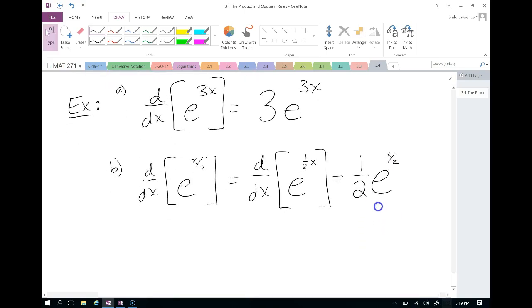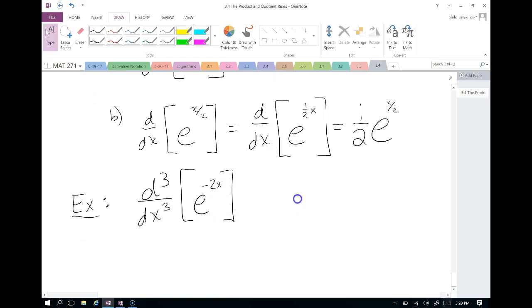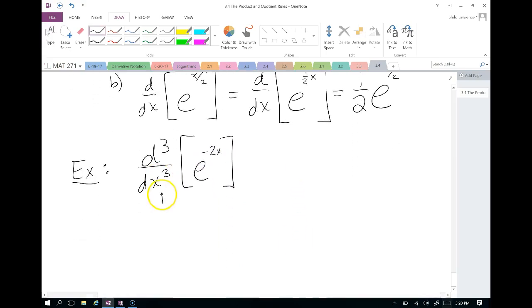And if we were to do higher order derivatives, we would just continue to bring that coefficient out again and again and again, and it would just multiply by whatever was already out there. So if we wanted to find d3/dx3 of e to the negative 2x, well, that means third derivative.